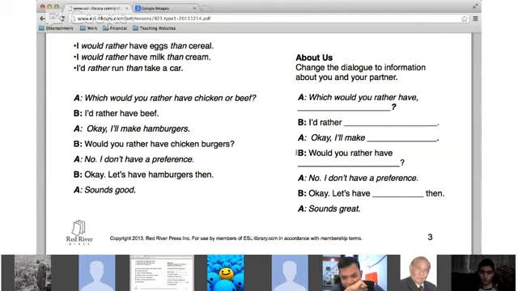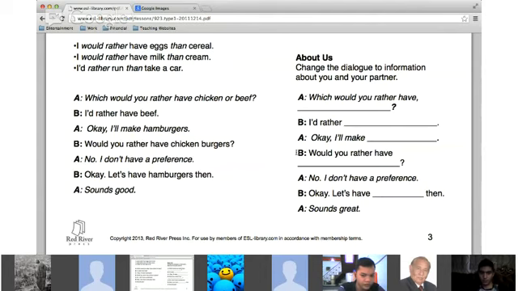Would you rather have hamburgers? No, I like tacos. So you don't have any preference? I don't have a preference. Okay, let's have tacos. That's tacos then.